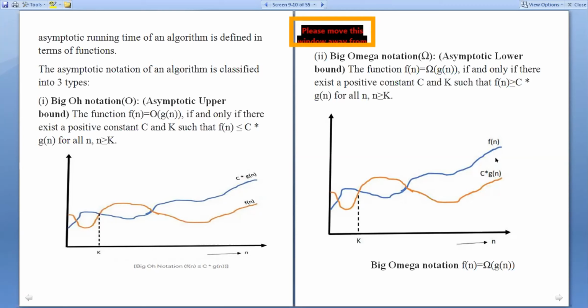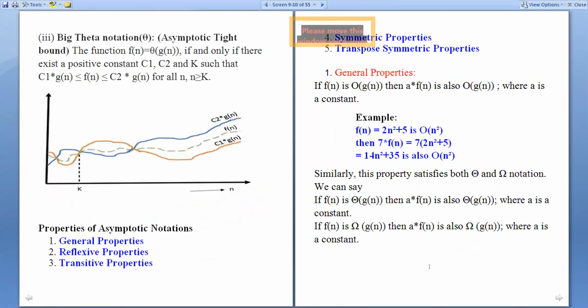So f of n should be greater than or equal to c multiplied by g of n for all n greater than or equal to some constant value, n0 or k. In the figure, it is represented as k. So f of n is equal to omega of g of n.